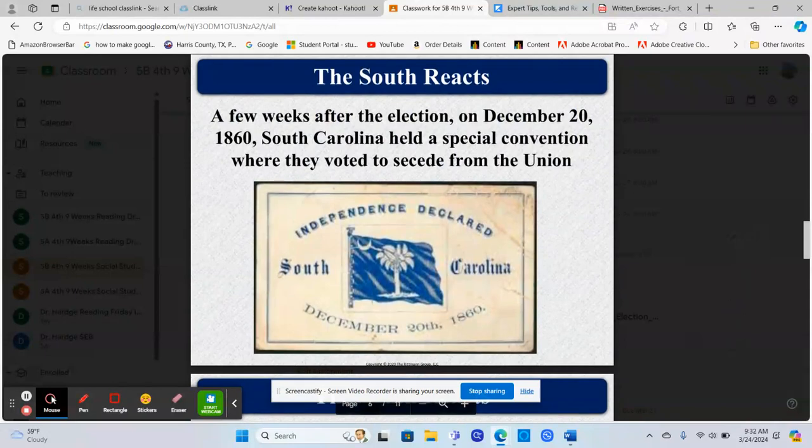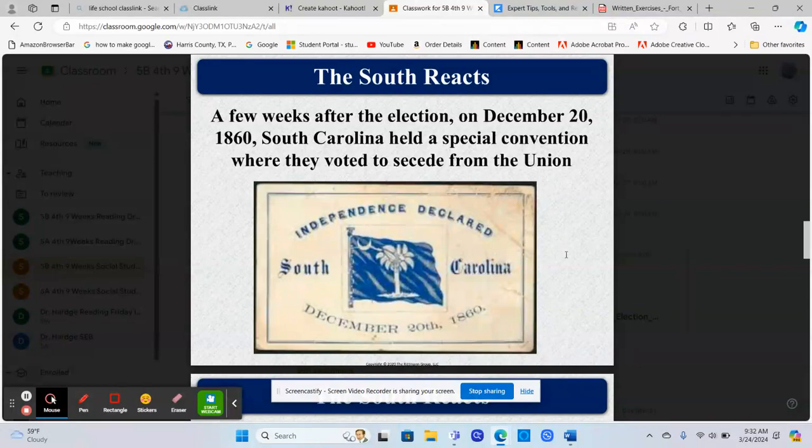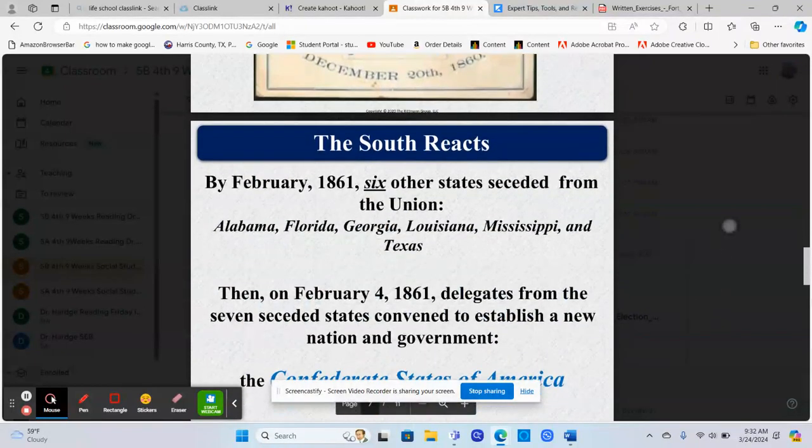A few weeks after the election, on December 20th, 1860, South Carolina held a special convention where they voted to secede from the Union. First one to secede.